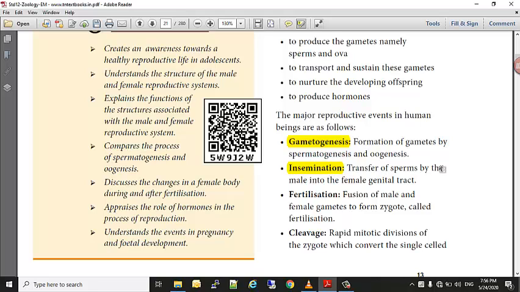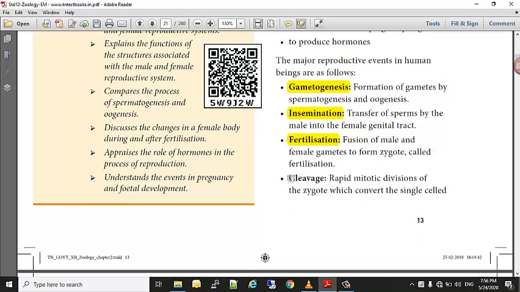The transfer of sperm by the male into the female genital tract is called insemination. And what happens after insemination? Fertilization takes place. The male gamete and female gamete fuse together to form a zygote, and this process is called fertilization. This is very clear for you.